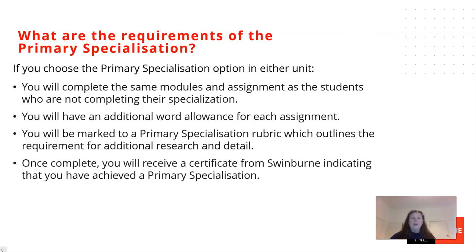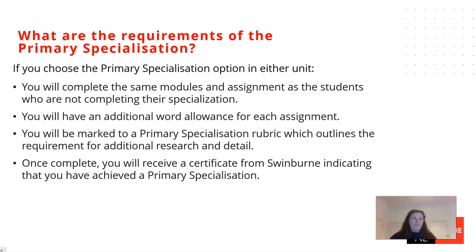If you choose to do the primary specialisation in either or both of those units, you will just complete the same modules and assignments as the students who are not completing their specialisation. However, you will have an additional word allowance for each of those assignments, and you'll be marked to a different rubric which will outline some requirements around additional research and detail that you need to show in your primary specialisation assignments.